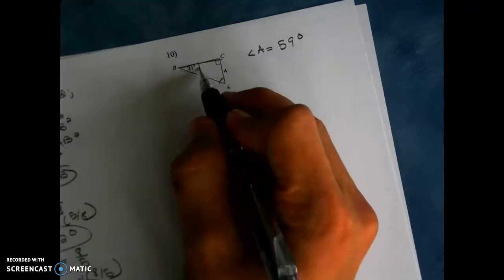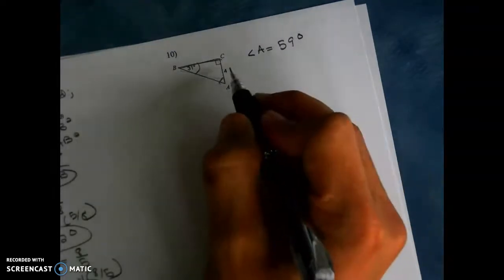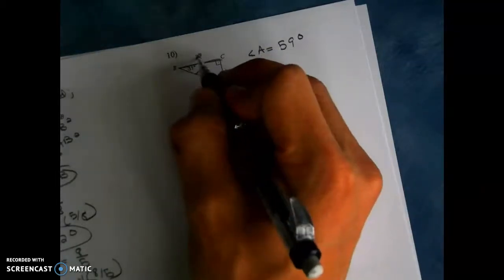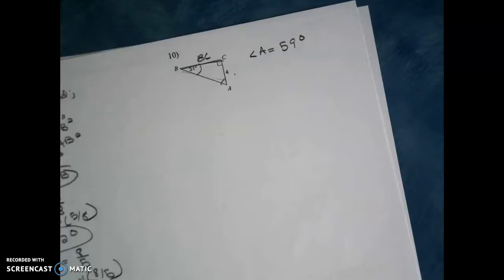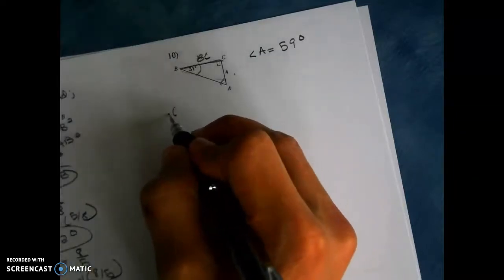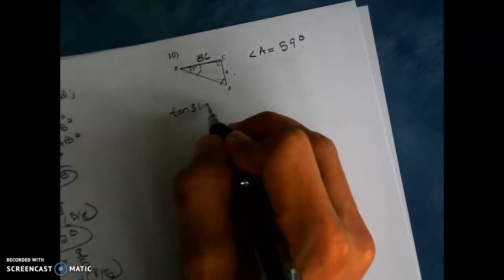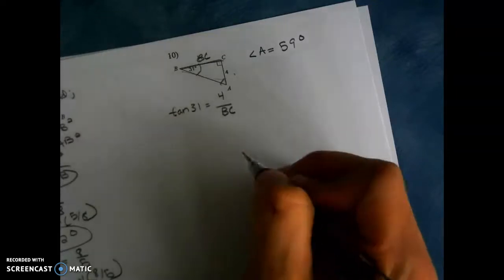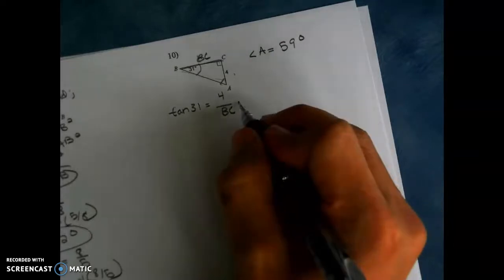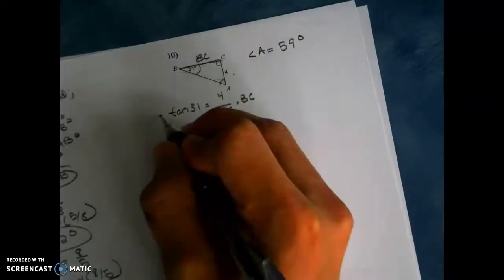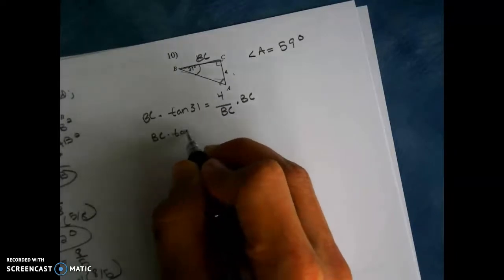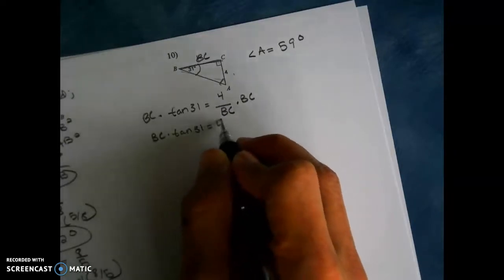If this is the angle I'm going off of, this is opposite, this is adjacent. So this is BC. I'm going to use tangent of 31 is equal to the opposite over adjacent, which is BC. Here I want to get BC by itself, so I'm going to start by multiplying BC over. So now I have BC times the tangent of 31 is equal to 4.